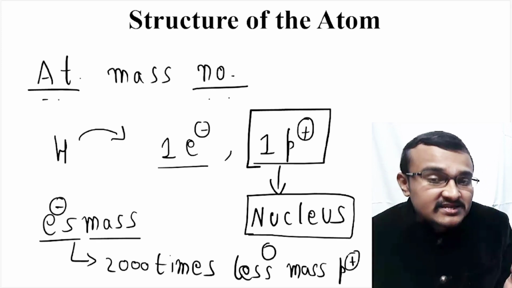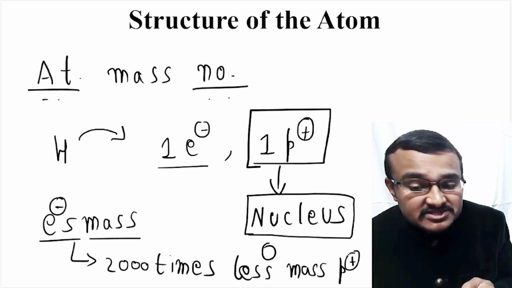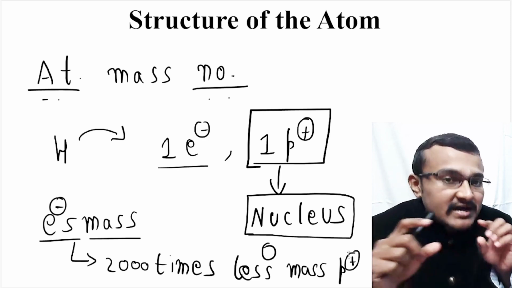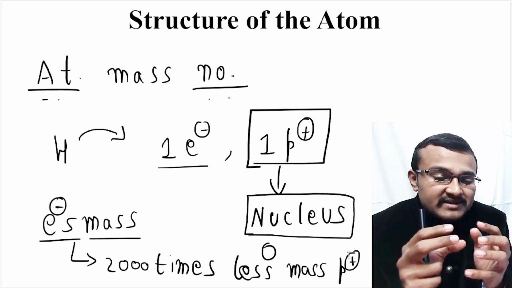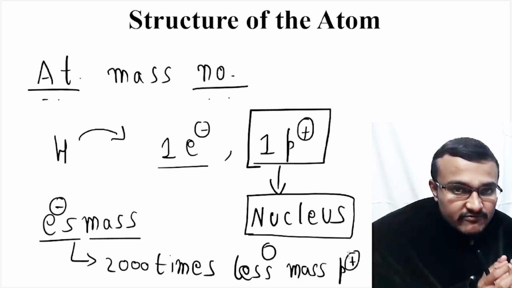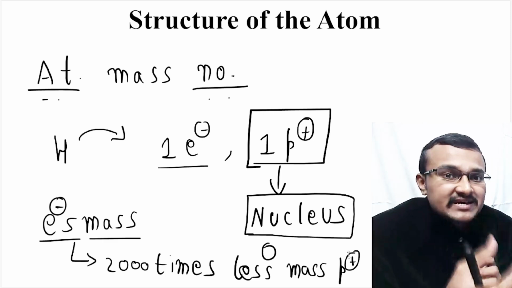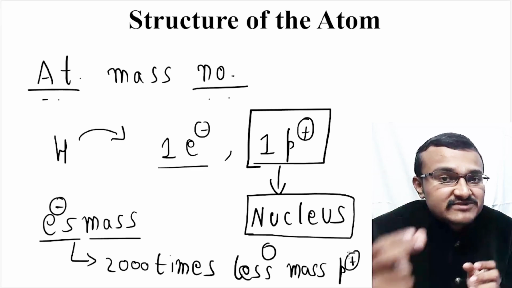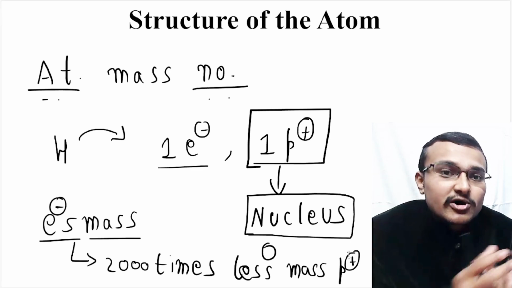In higher elements, where neutrons also come into the picture, the neutron mass and proton mass are comparable with each other. But when you compare the mass of a neutron or proton with the mass of an electron, the electron mass is approximately 2000 times lesser.